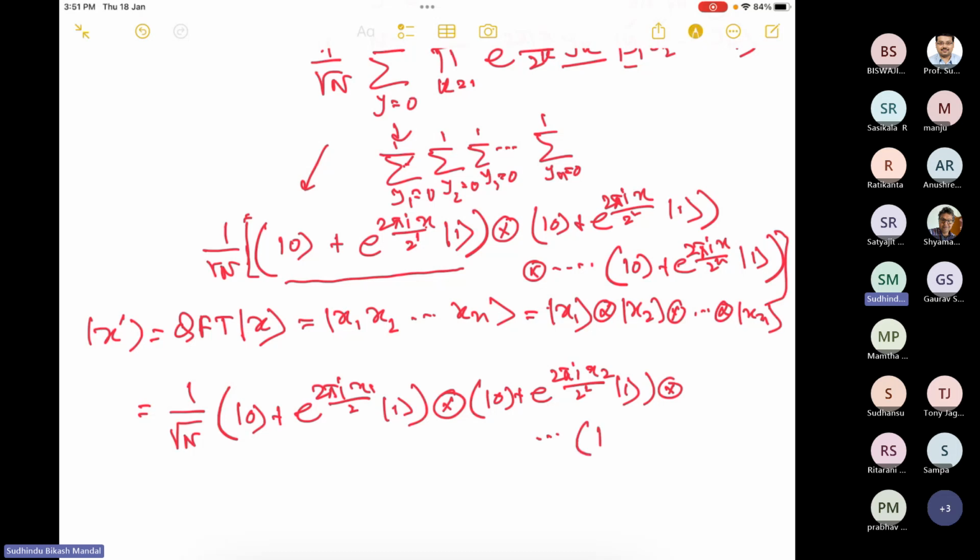and lastly comes pi I xn by 2 to the power n 1. This is the expression.